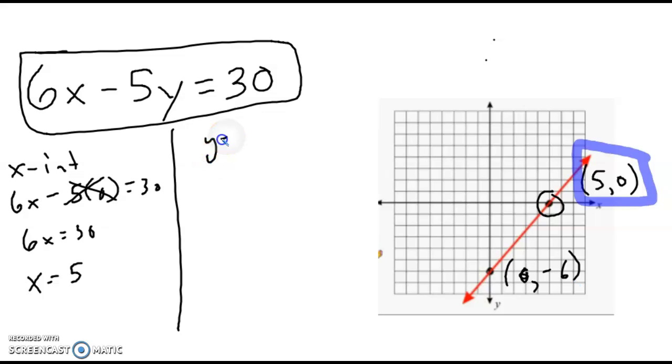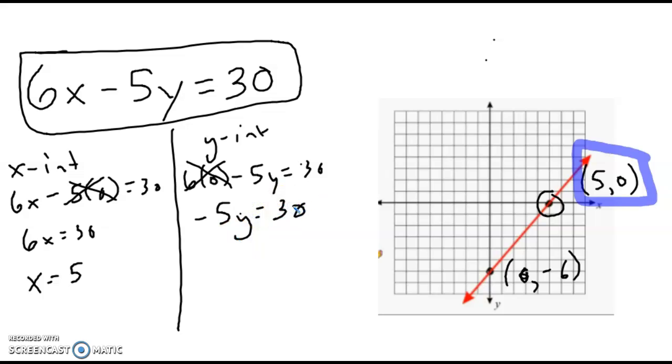So we could find our y-intercept by substituting 0 in for x, and then solving the equation. Well, we know that 6 times 0 cancels out, so we have -5y equals 30. And then we can divide both sides by -5, and we get y equals -6.